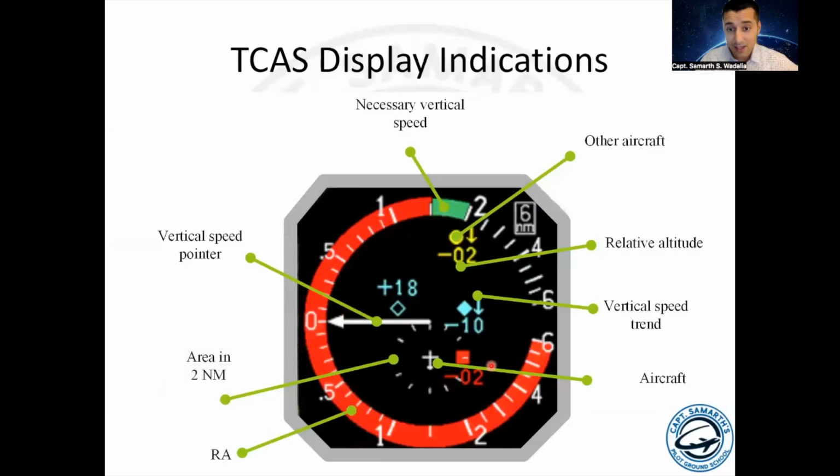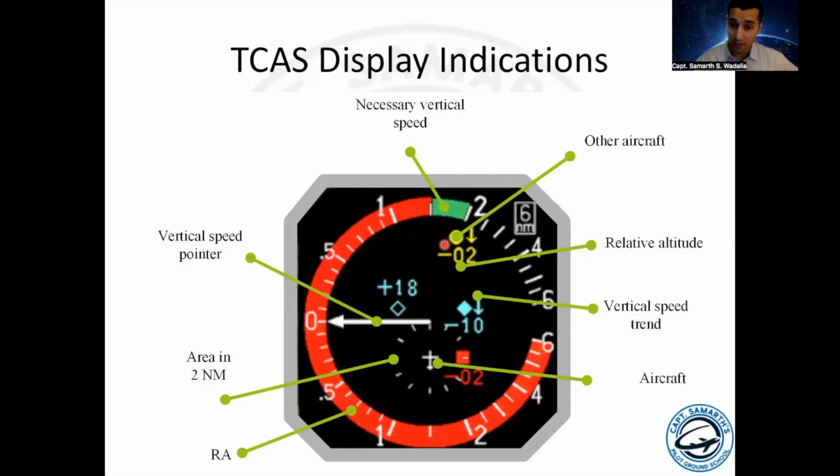What that means is, as a result of this resolution advisory, your aircraft would have given you a resolution advisory instruction. That instruction would have been climb, because my vertical speed indicator is commanding me to put my needle between 1,500 feet per minute of climb and 2,000 feet per minute of climb, which means it is asking my aircraft to climb.